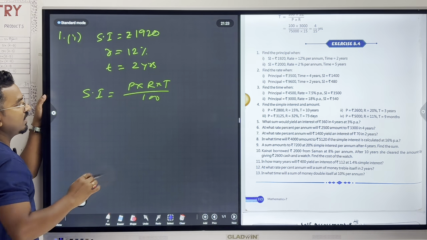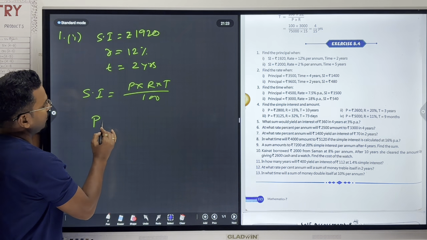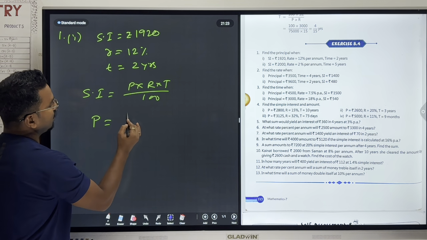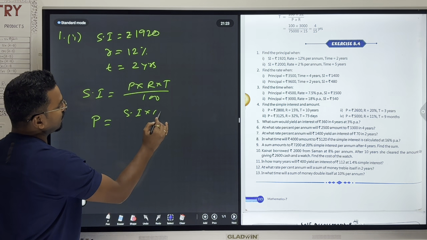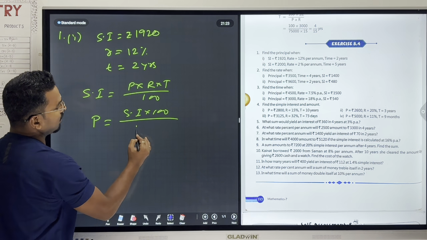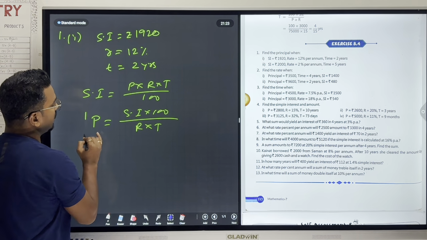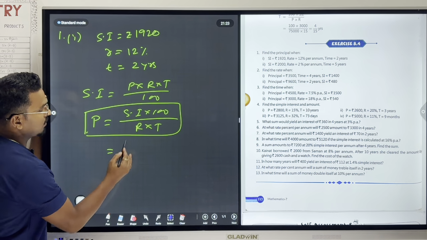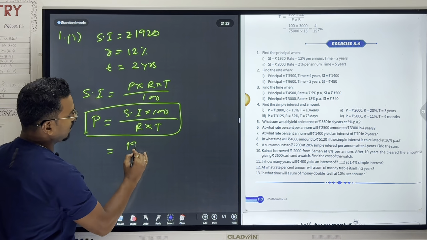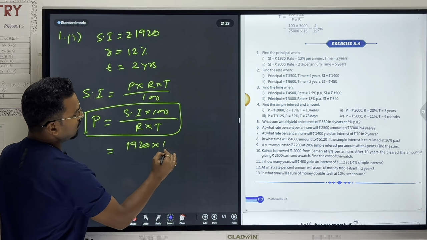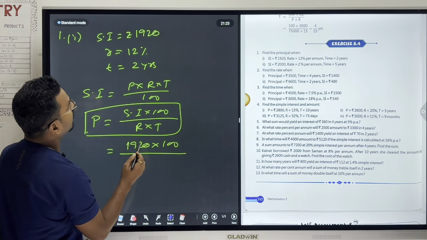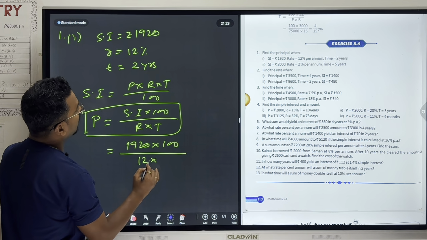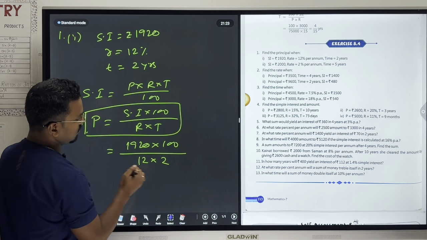Or else there is a formula to find the principal, that is if you bring it to the other side it will become 100 and here R into T. This is the direct formula to find the principal. Okay. So simple interest is given 1920 multiplied by 100 divided by rate of interest 12 and time 2 years.